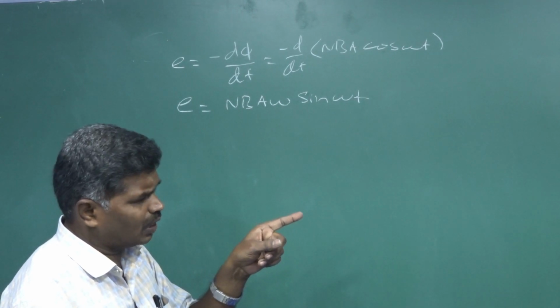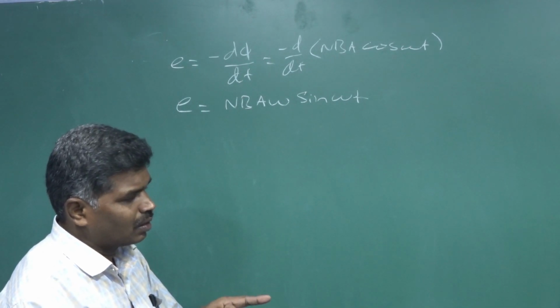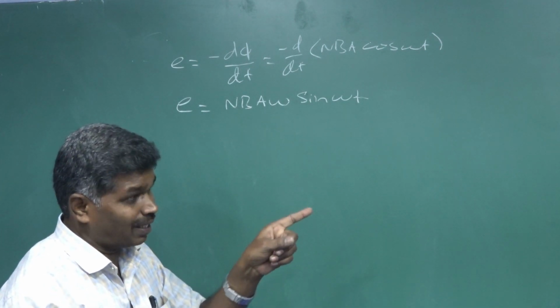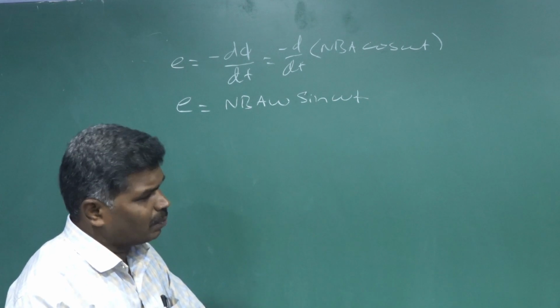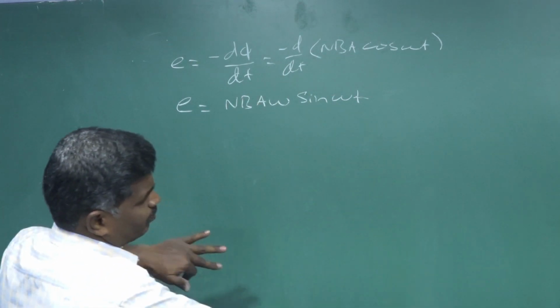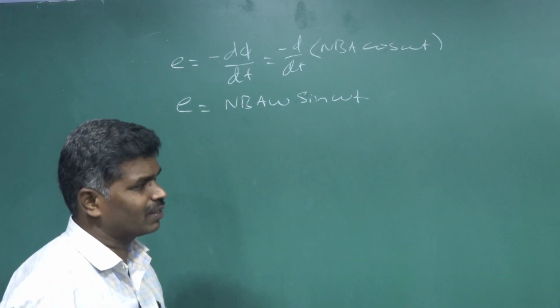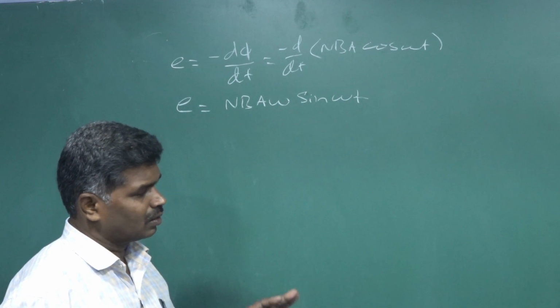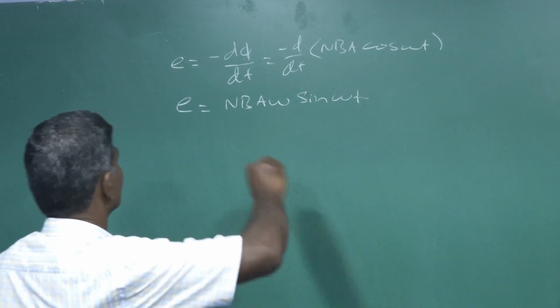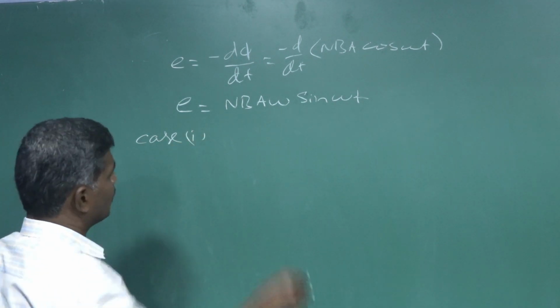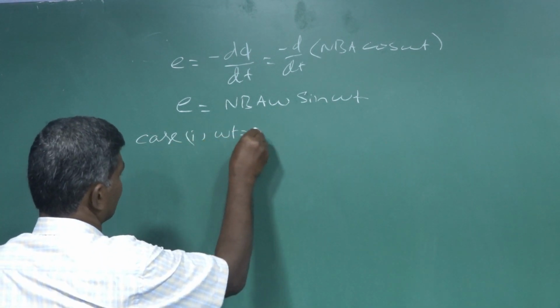The rotating axis of the magnet is also perpendicular to the plane of the paper, so the magnet can be rotated in this direction. At the time of rotation in the clockwise direction, the first position is taken as rotation θ equal to 0. That is case 1, and that is ωt equal to 0.